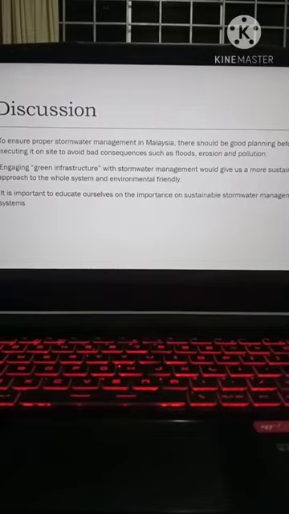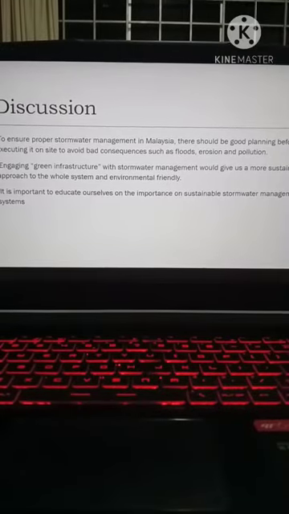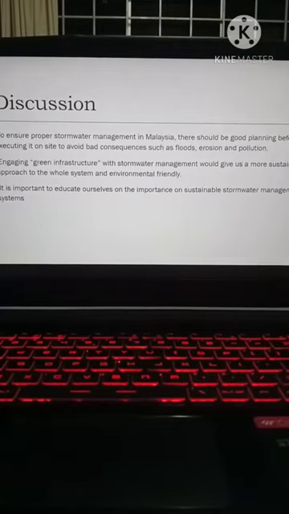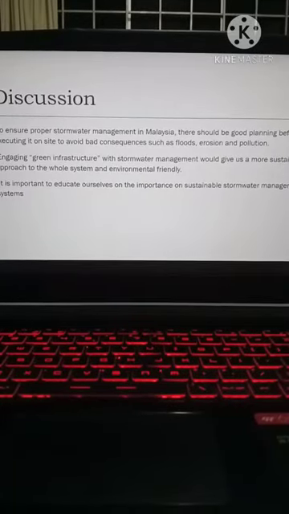Next, engaging green infrastructure with stormwater management would give us a more sustainable approach to the whole system, which is environmentally friendly as well.